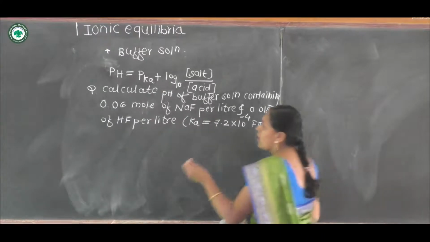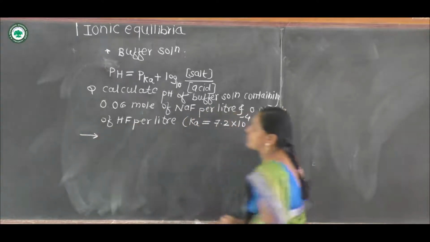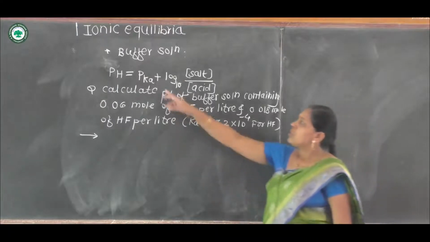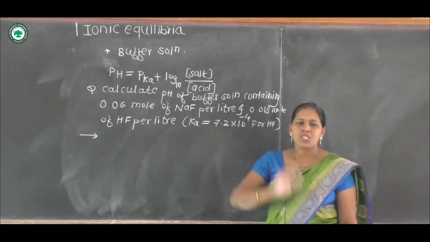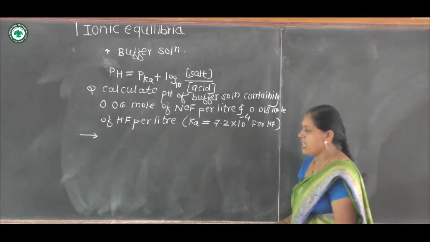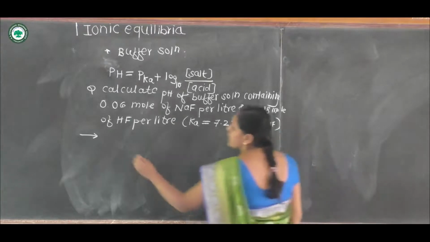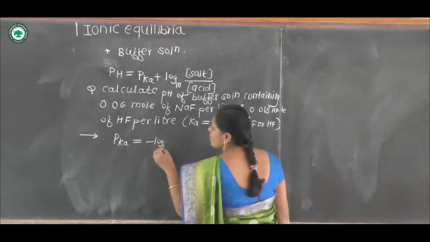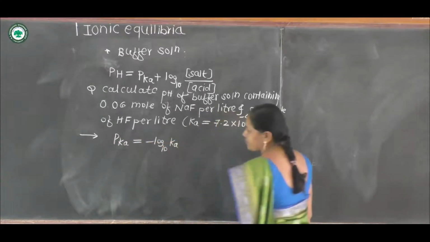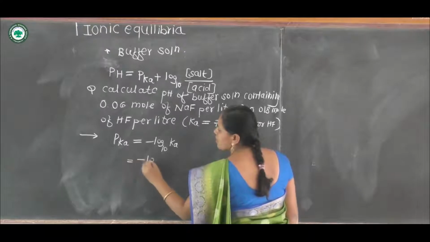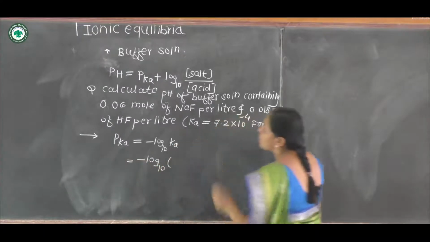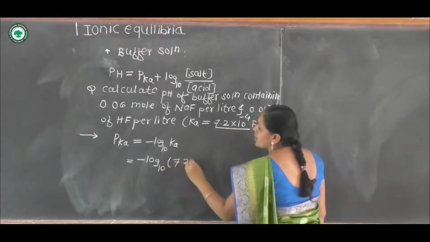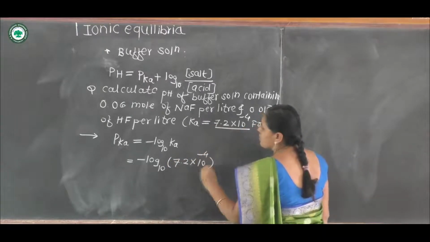Then how will you calculate pH? pH is equal to pKa plus log salt by acid. First of all, we have to calculate pKa. What is the formula for pKa? pKa is equal to minus log to the base 10 of Ka, which is minus log to the base 10 of 7.2 into 10 raised to minus 4.